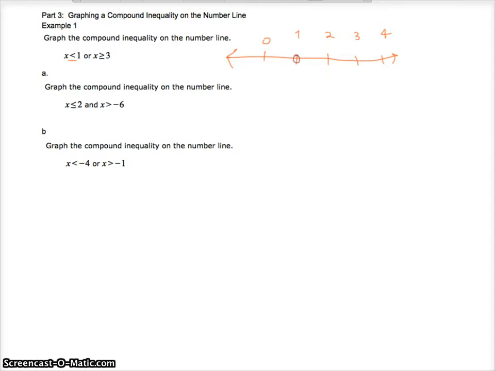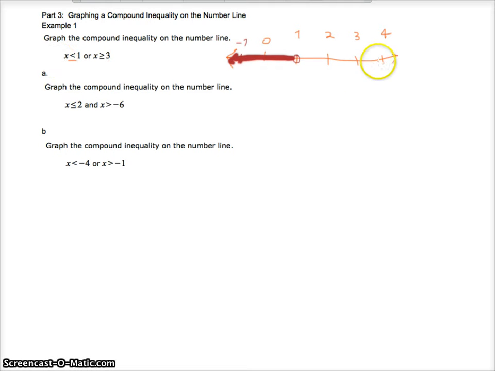And then what I need to do is graph values less than 1. Well, the values less than 1 are going to be 0, -1, to -infinity. So I need to go in this direction for x is less than 1.